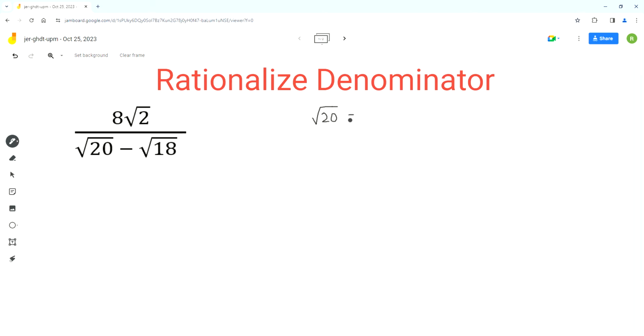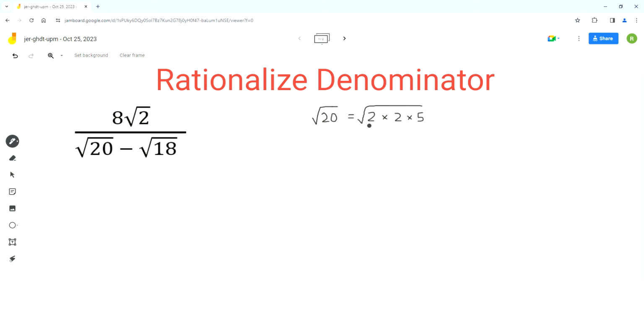So 20 can also be written as 2 times 2 times 5 because 20 is an even number, so it's divisible by 2, and then 2 times 10 is 20, and then 10 is another even number, so 10 can be broken down as 2 times 5.